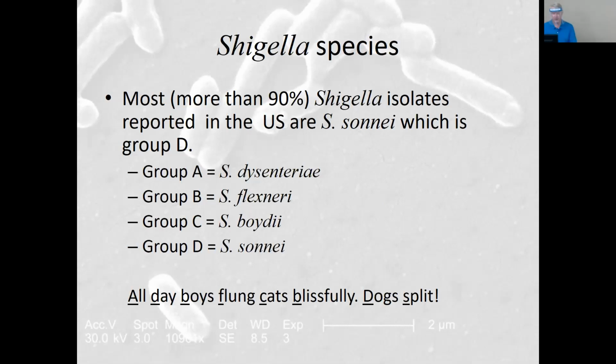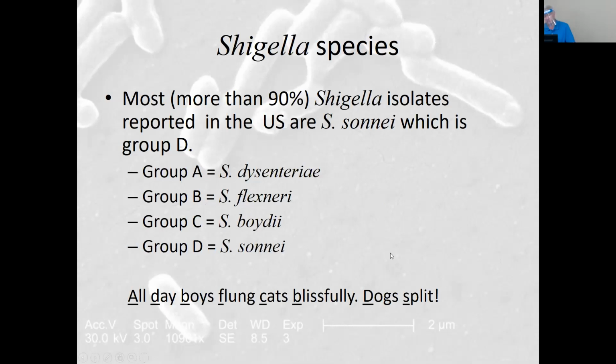All right, so that's group A, B, C, and D. You need to know those groups. You need to make sure you've got your Shigellas in their group. Shigella dysenteriae is group A. Shigella flexneri is group B. Shigella boydii is group C. And Shigella sonnei is group D. I'm not good at these, okay?